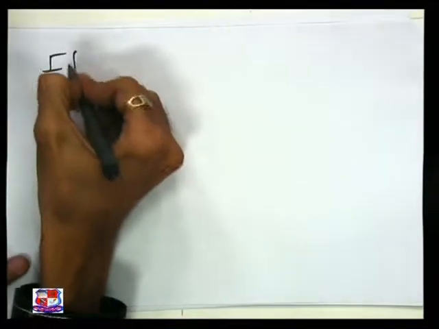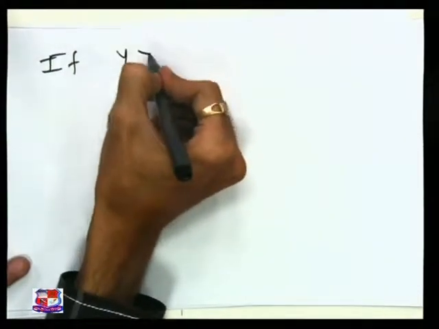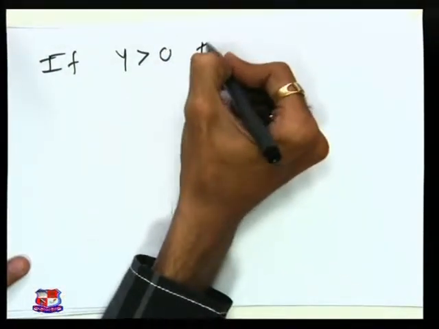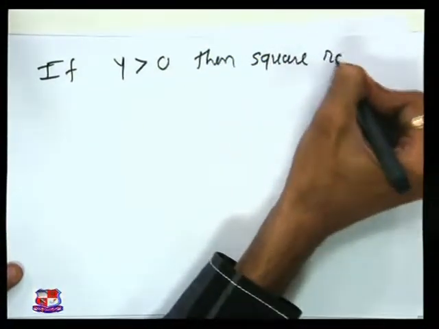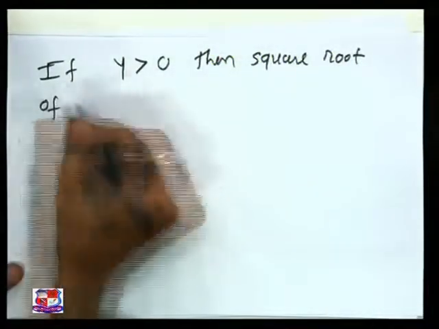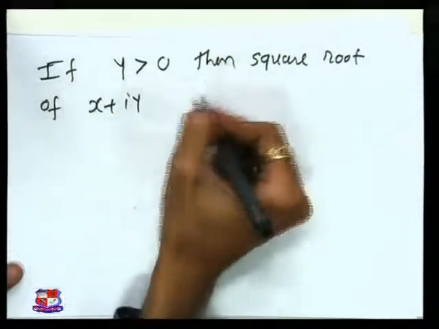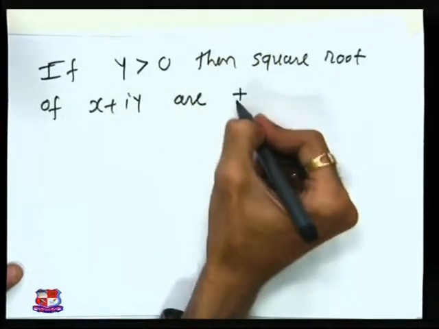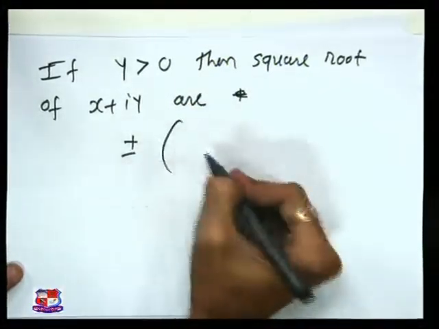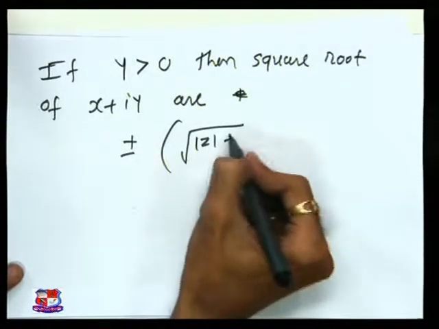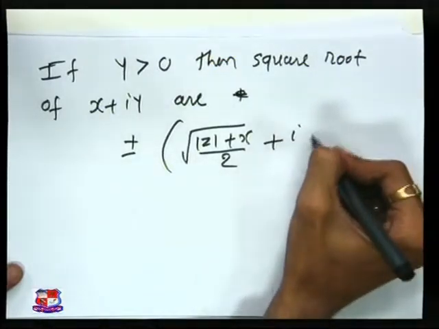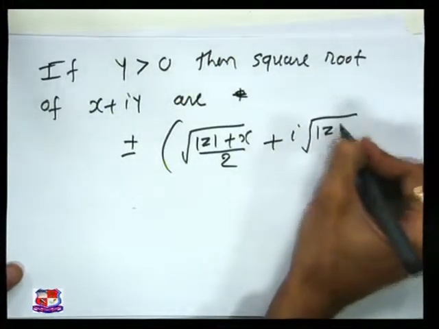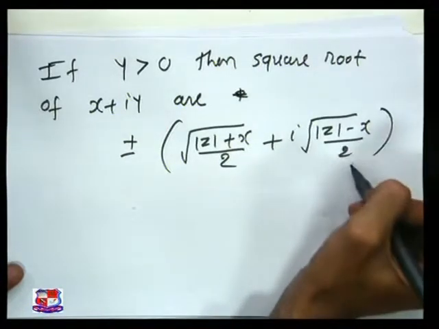If y is positive, y greater than 0, then the square root of x plus iy is plus or minus root of mod z plus x divided by 2 plus i root of mod z minus x divided by 2.